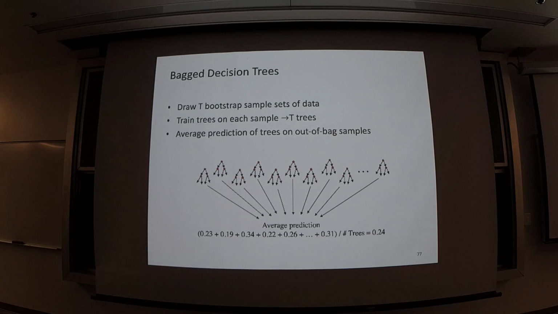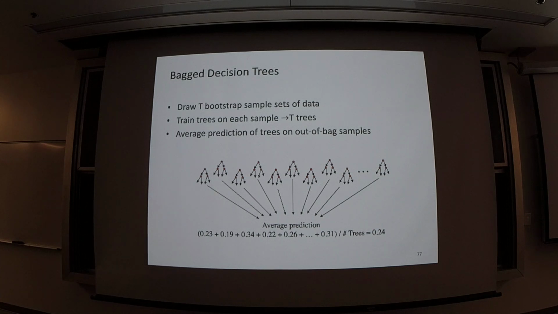This is very similar to AdaBoost. Although in theory you can use any machine learning algorithm as base classifiers, the most popular choice of base classifiers is decision trees. So we call our bagging model bagged decision trees.